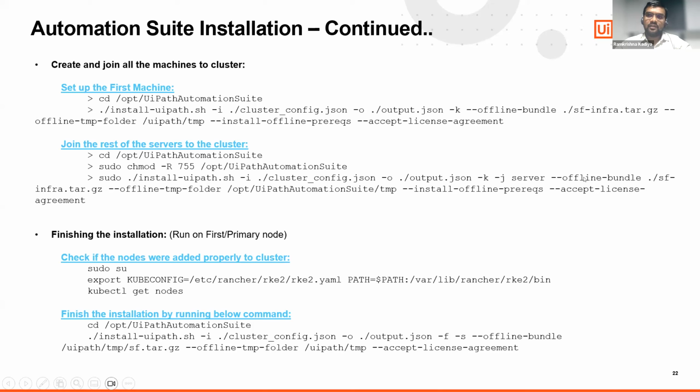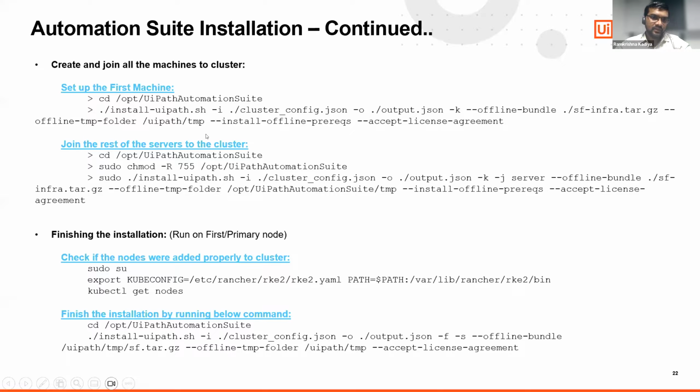Then we mention which offline bundle we are using, that is sf-infra.tar.gz, and offline temp folder is /opt/UiPathAutomationSuite/tmp, and if we want to install the offline prerequisites. This way we will be able to join our nodes into the cluster. So let's see how it looks.